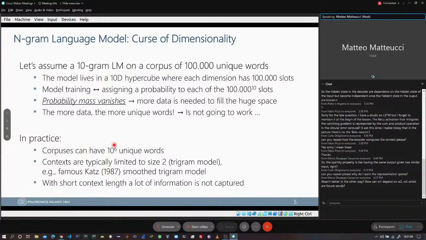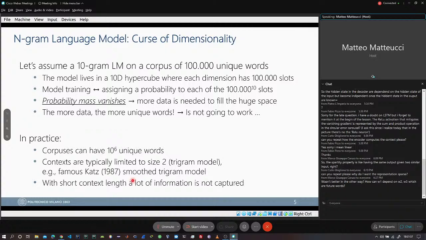A corpus is a set of documents having 10 to the 6 words. This is the size of the vocabulary. But the most you could get was the 3-gram model. So the probability of W1, W2, W3 written as W3 given W1 and W2, times W2 given W1, times the probability of W1 is the best model that could be written.